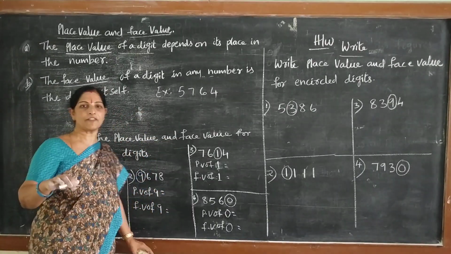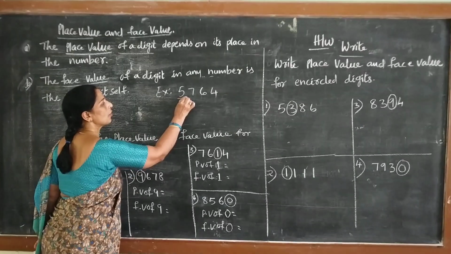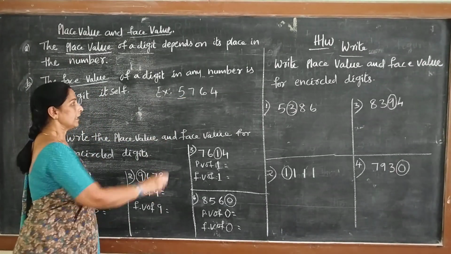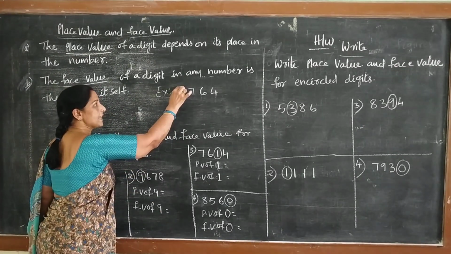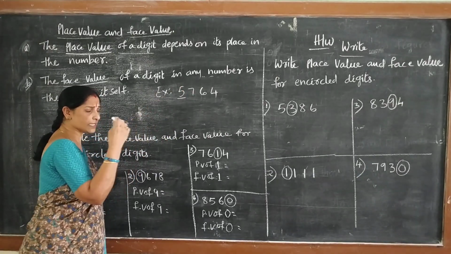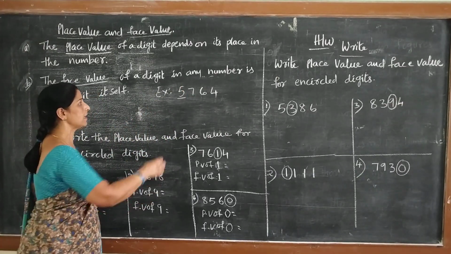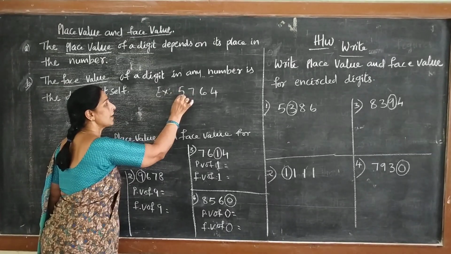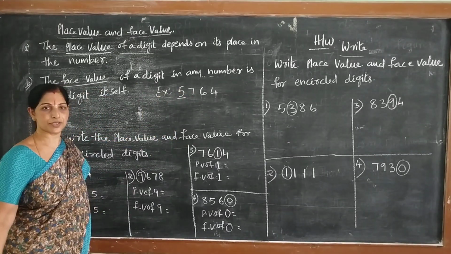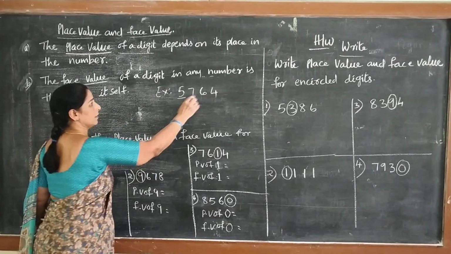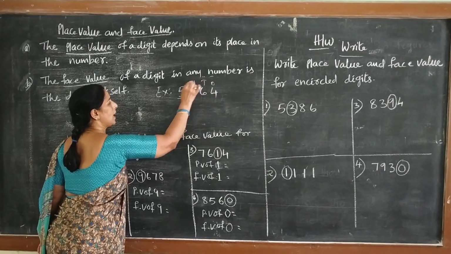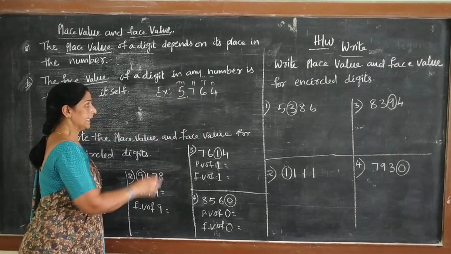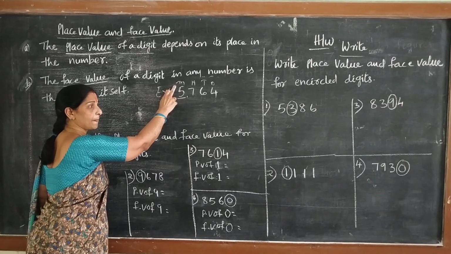The digit itself means here face value of 5. Face value means, in simple words, we can say the shape of a digit. Now, here, ones, tens, hundreds, comma, thousand. It is in thousands place.